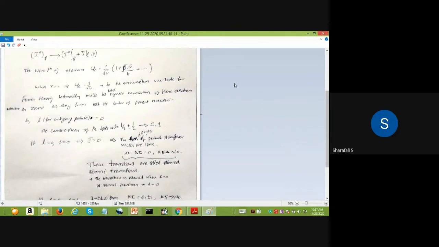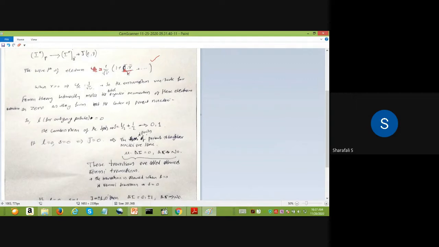theory, etc. For that we will consider our initial wave function for the electron, which we have given like psi_e equal to 1 by root V times (1 plus p_e dot r by h cross), I think it's h cross.